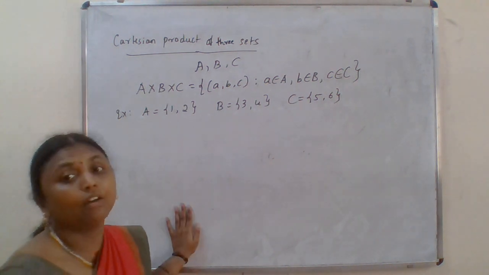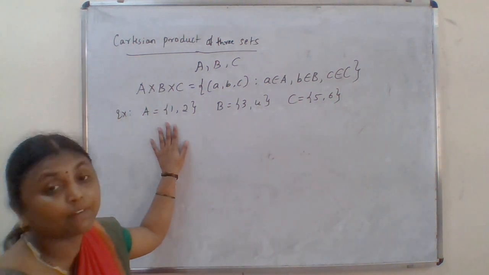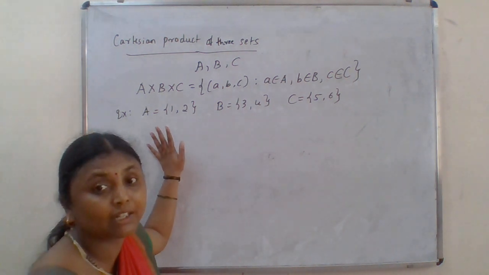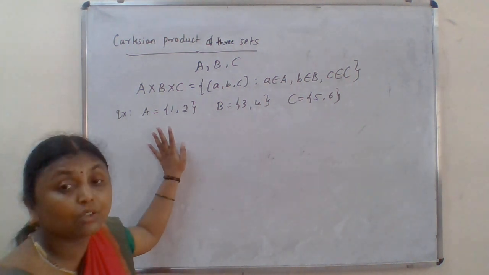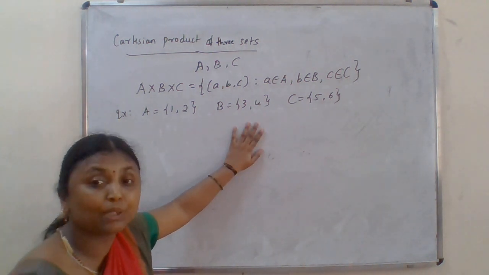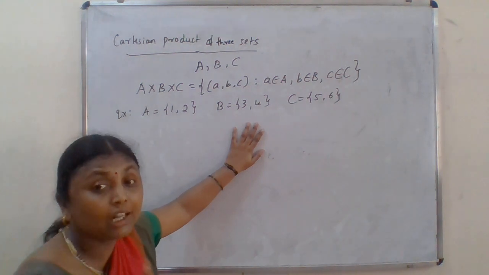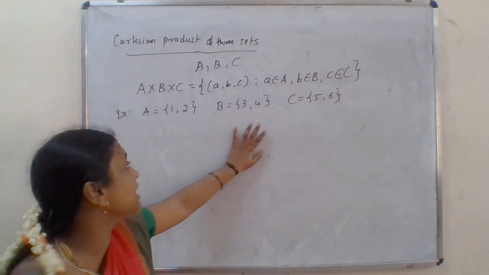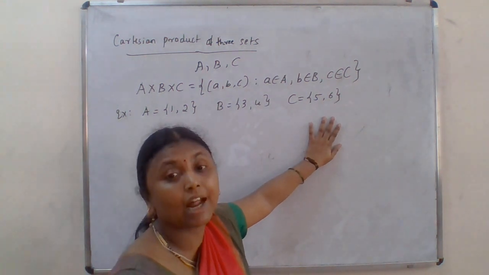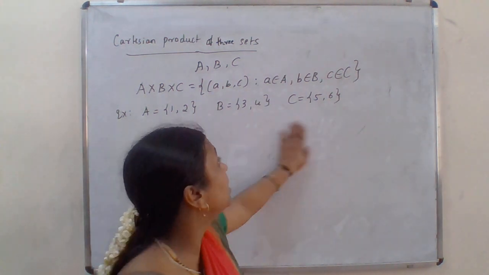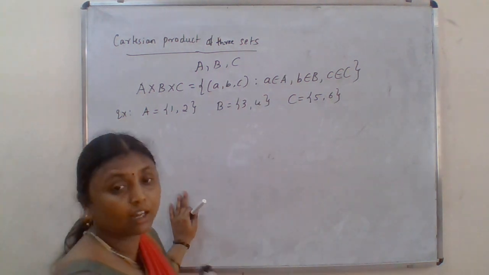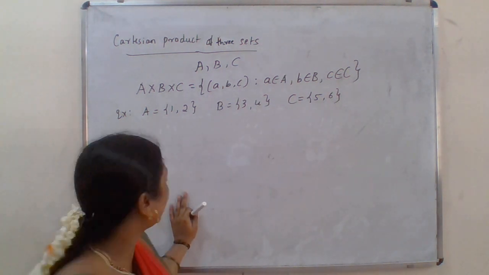Remember, the first element must belong to the first set, that means A. So all the first elements of the ordered triplets belong to the set A. The second elements must belong to the set B. And the third element in each ordered triplet must belong to the third set, that is {5, 6}.